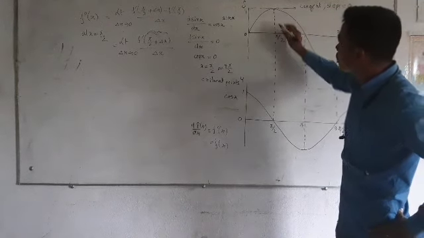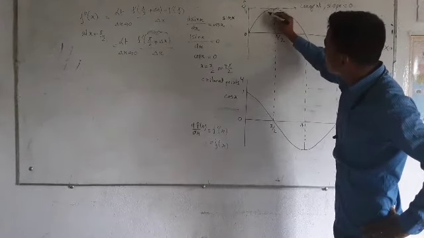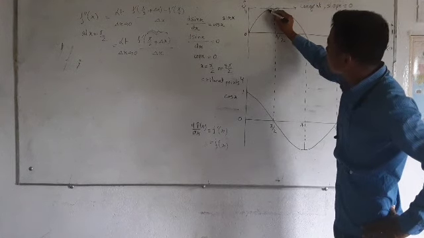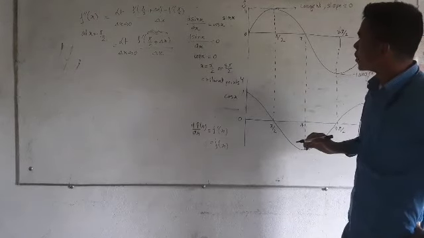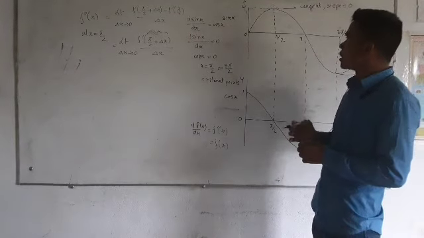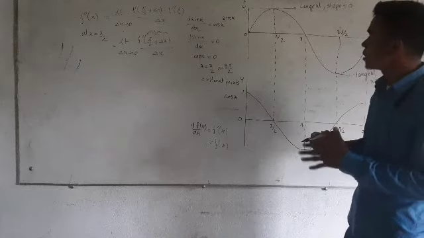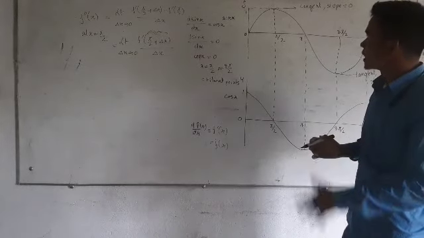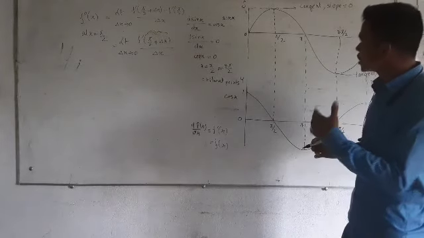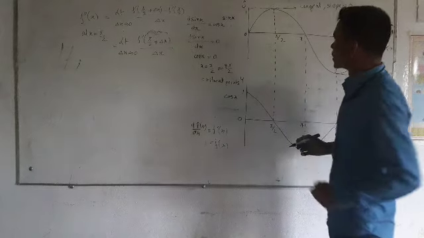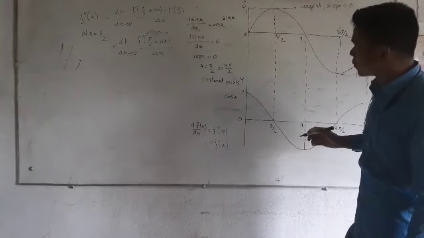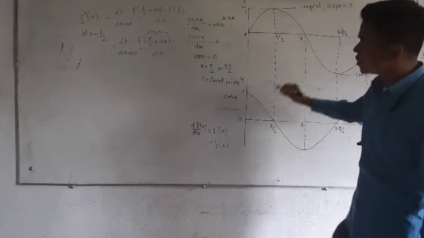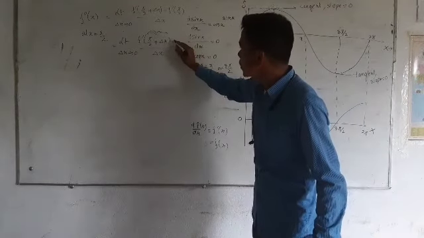All the slopes of the points corresponding to this curve will be positive because they make positive angles less than 90 degrees. Therefore, they have positive slopes, and the upper value will be positive.